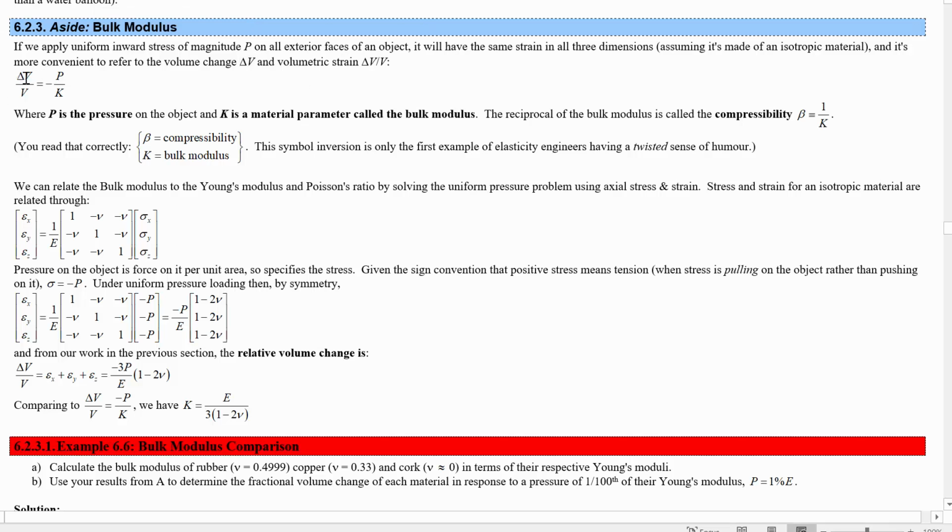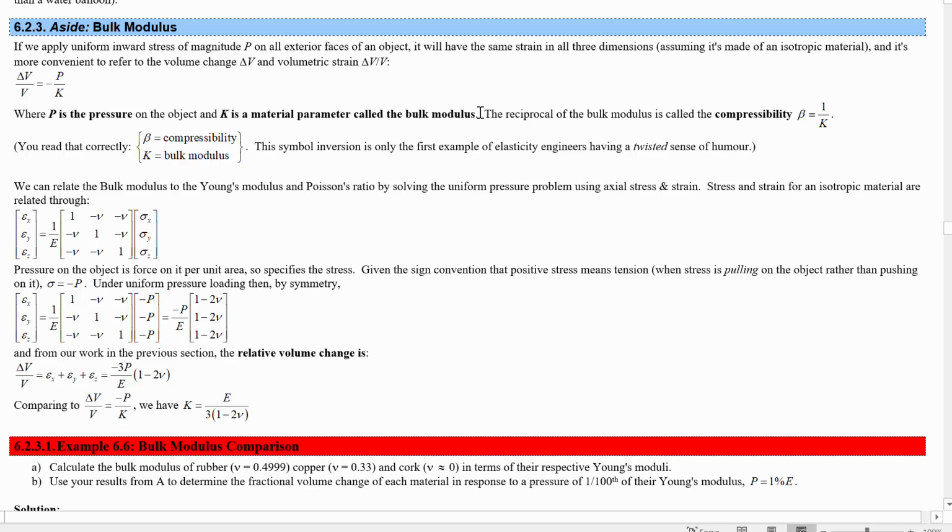So the fractional volume change, which is negative, is proportional to the pressure you're applying, where the proportionality constant written down here in the denominator is a material parameter called the bulk modulus. This is like the elastic modulus, but for volume change instead.